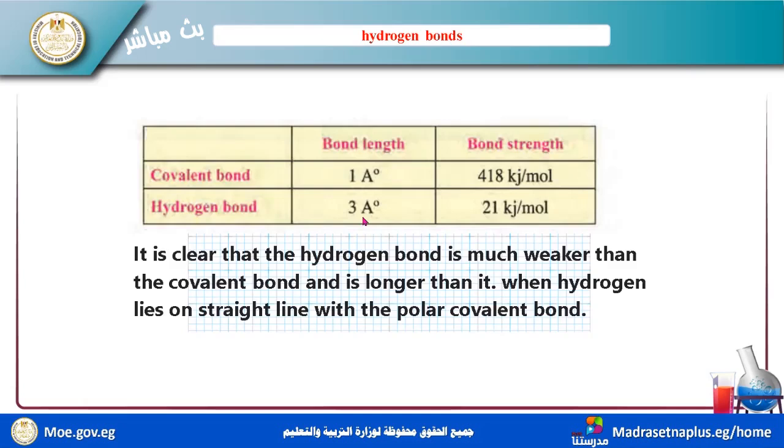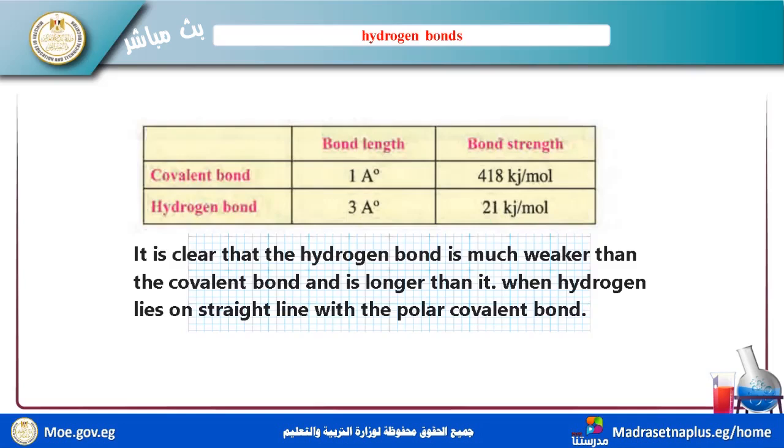Now, if you boil water, the covalent bond doesn't dissociate, but the hydrogen bonds do. So I need 418 kilojoule per mole for the covalent bond, but here I need only 1 kilojoule per mole. I need very little heat to dissociate the hydrogen bonds of water.